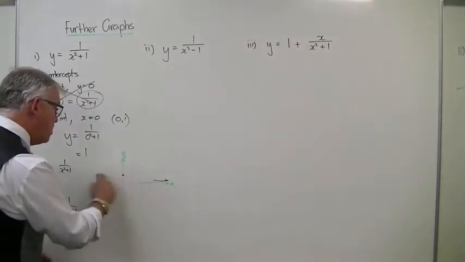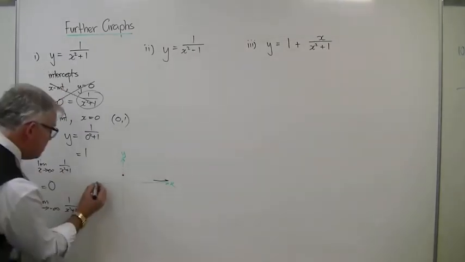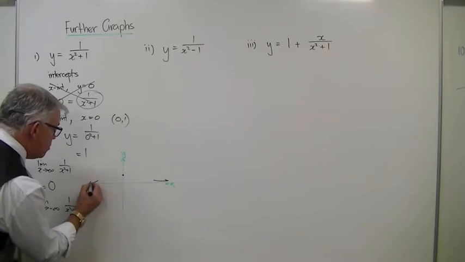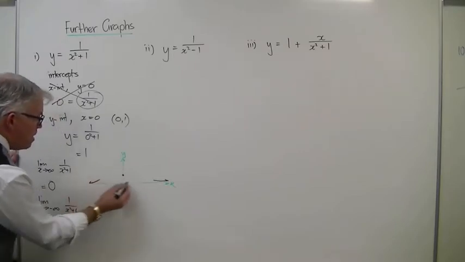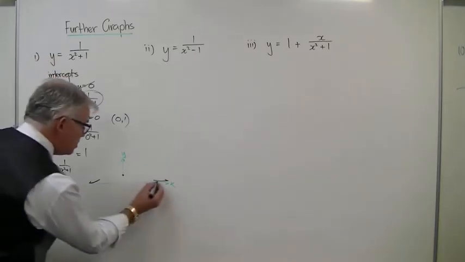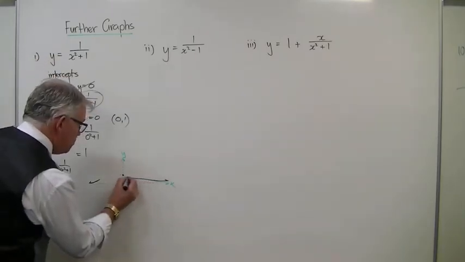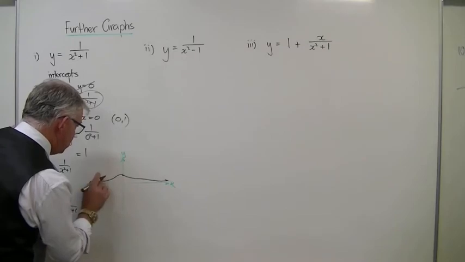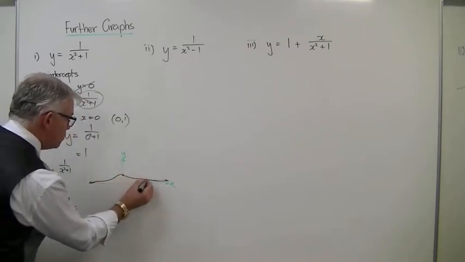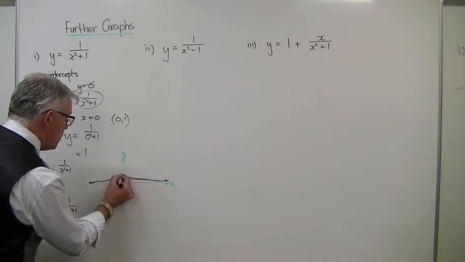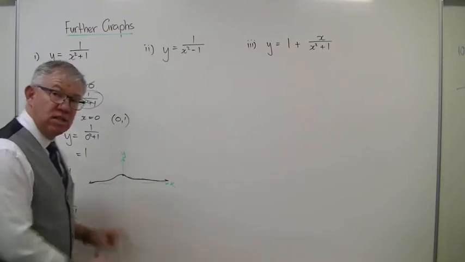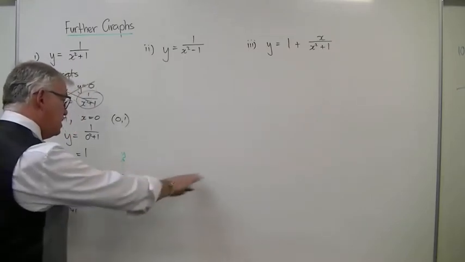So we're going to have a similar thing occurring out this side, where the curve will have the x-axis as an asymptote. I haven't really drawn this very accurately, but it'll have a little lump here as it comes through to the y-axis, and then it'll peter out.